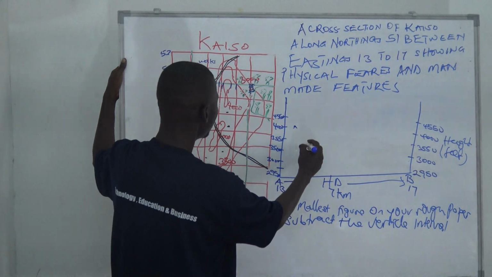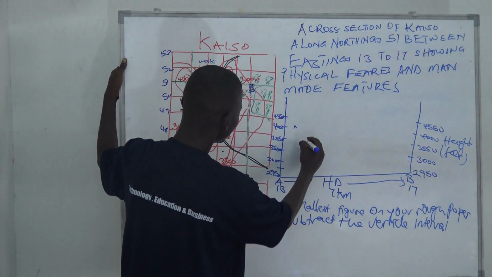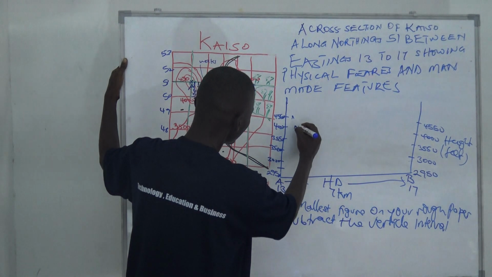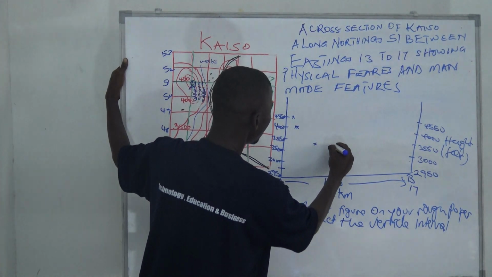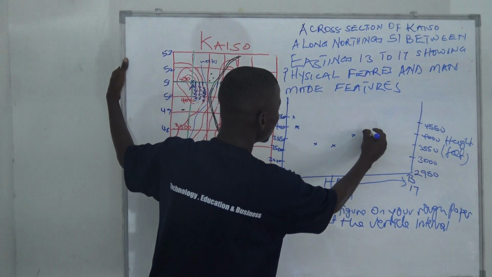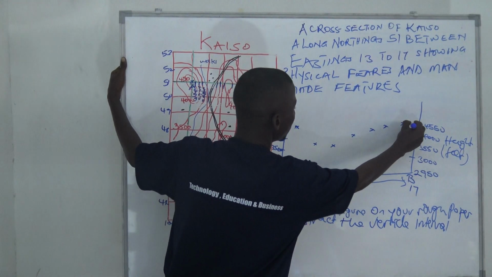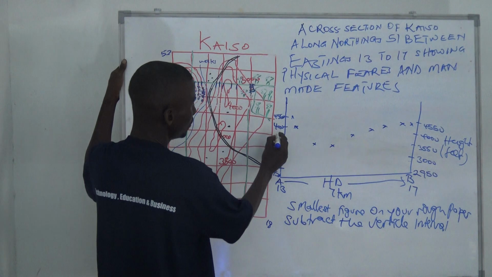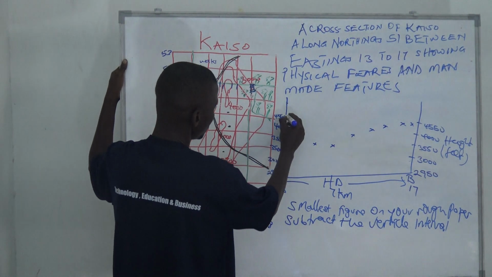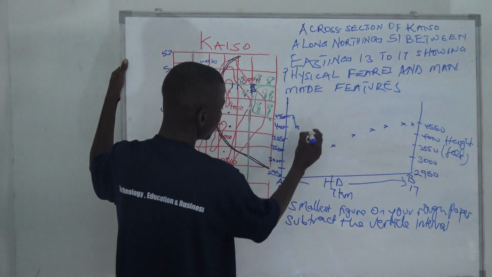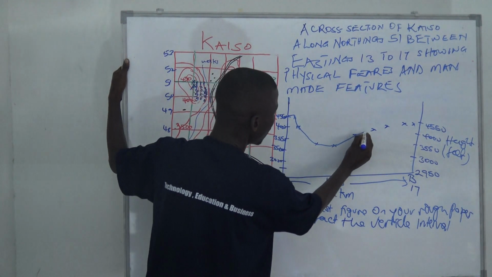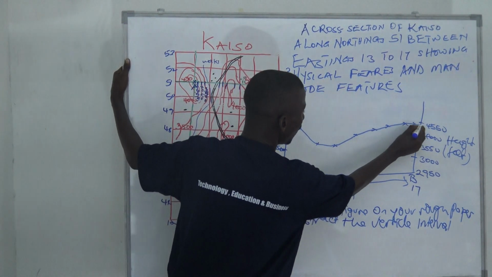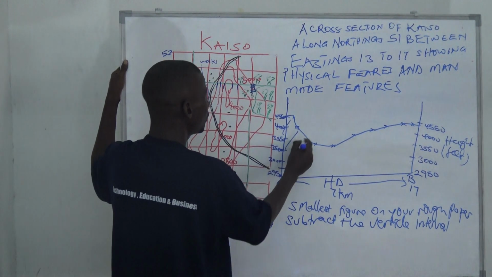The next one is 4,000, 3,500, like that, till you finish all of them. Then you join with the free hand. After joining with the free hand, you shade down here.